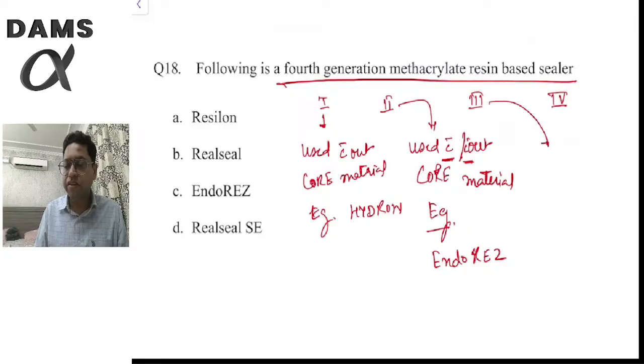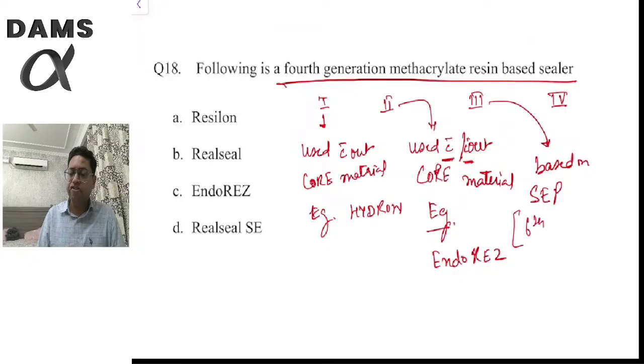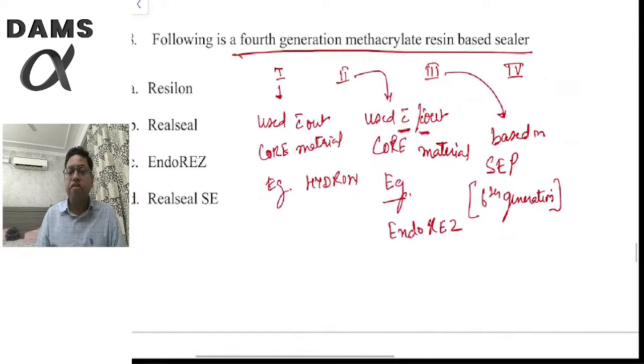The third generation products are based on self-etching primers. SEP stands for self-etching primers. If you remember dentine bonding agents, they are basically sixth generation dentine bonding agents. Okay. Now these self-etching primer based third generation methacrylate resin-based sealers are RealSeal.